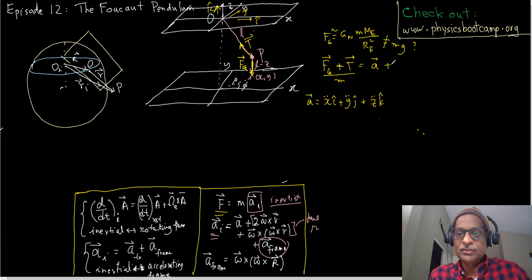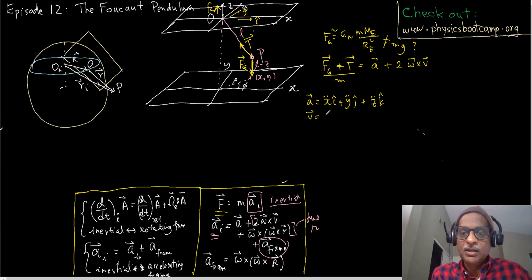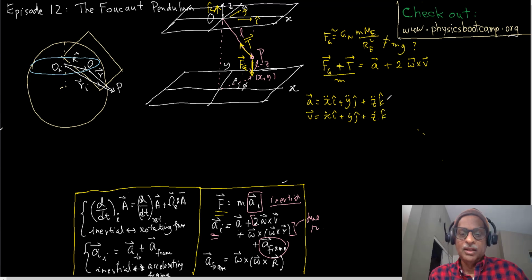And then we'll have 2 times this, which is a Coriolis force. So v will be x dot i hat plus y dot j hat plus z dot k hat, and then you'll have omega cross r.